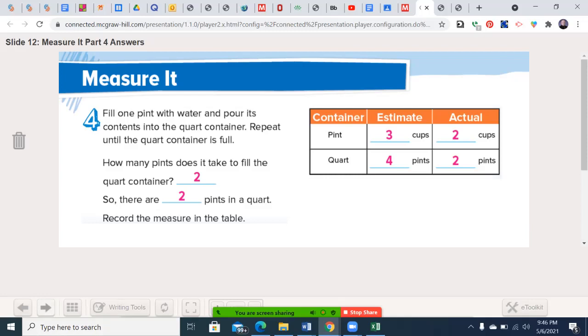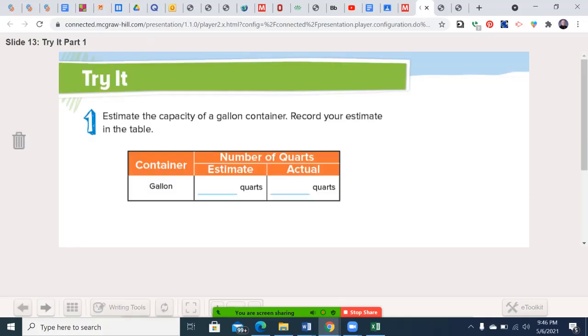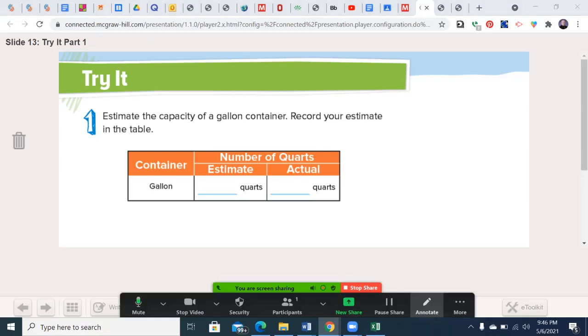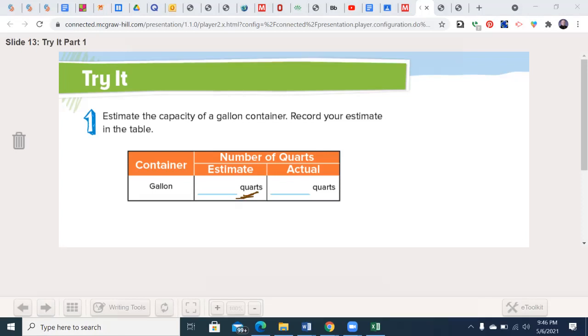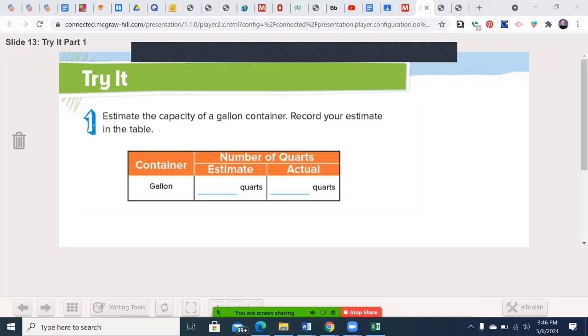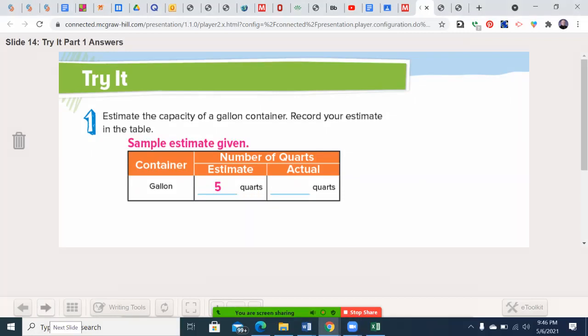All right, let's now move to the top of the next page where it says try it. Estimate the capacity of a gallon container. How many quarts do you think would go into it? Remember, there's a key thing, quart. We've talked about what that means. Quart is 1/4, so your guess should be related to that.